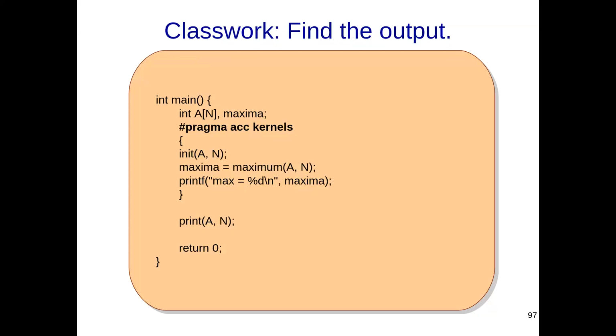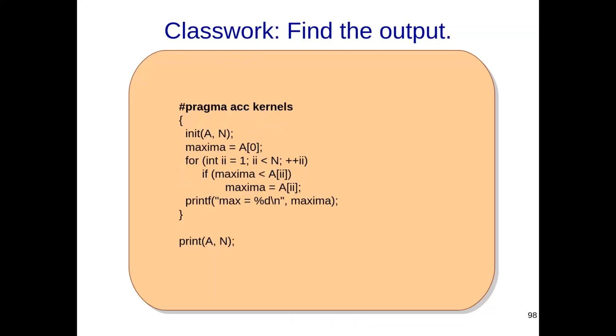Okay, so it so happens that when I compile and run this program, I actually get a wrong output, right? Recall that we were getting the correct output when I had the data clause added correctly, but when I do the kernels, I don't get the output correctly if I put this inside the kernels.